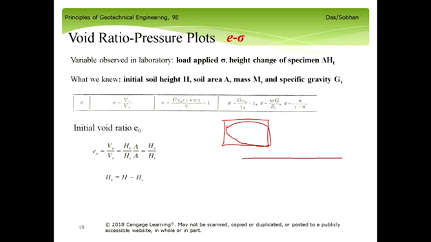You can imagine that we put the soil in the stainless steel ring. If there is no constraint from the ring, and you apply a load from the top vertically, it is still not one-dimensional.